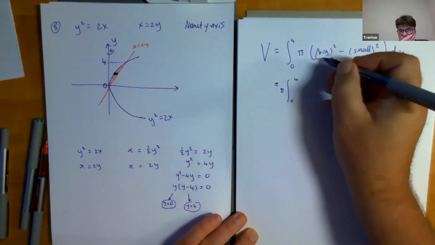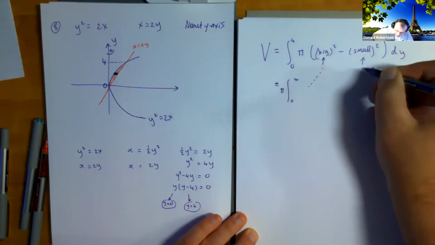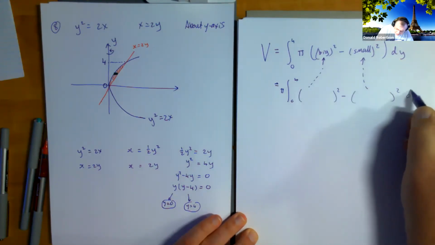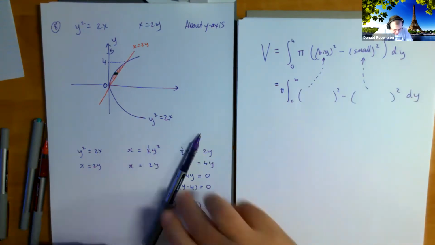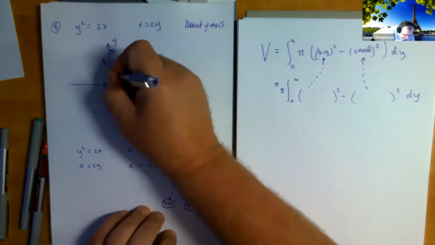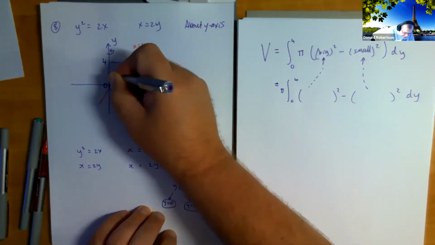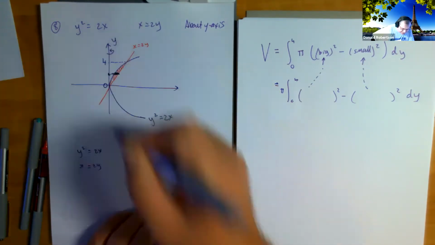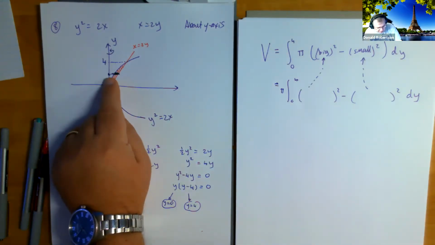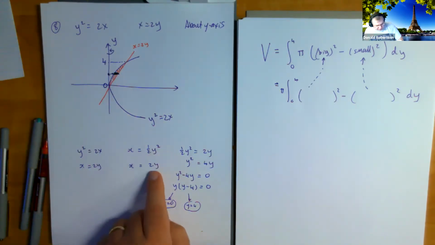The last piece of the puzzle is to find out what this guy is and what this guy is. Right, my picture's very tiny, but that's just the way the thing worked. The distance from the axis of rotation to here is the little radius, and the distance from the axis of rotation to here is the big radius. So basically, I just need to figure out in terms of y what that distance here is and what that distance here is, which is exactly what these two things are.